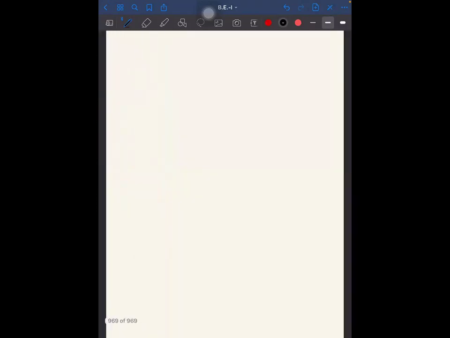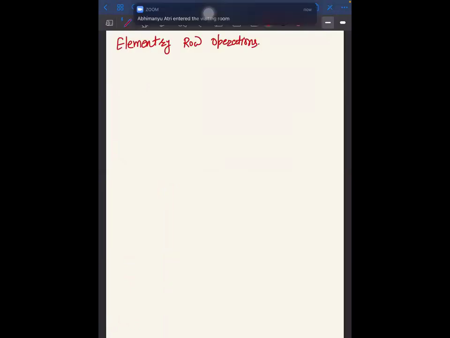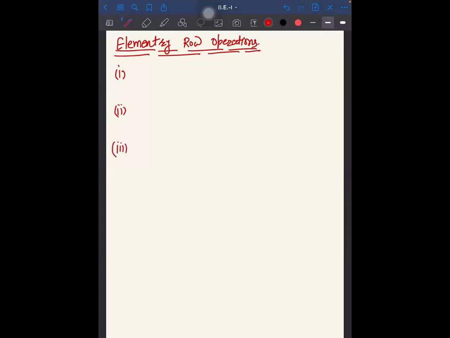We'll now be starting with the elementary row operations. I guess you have already done the elementary row operations, but I'll restate the facts over here. So what are the elementary row operations? Yes, can anybody tell me? Interchanging of two rows. Yes, Ri and Rj can be interchanged.